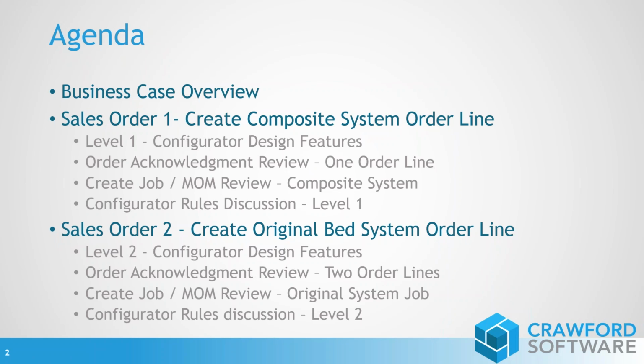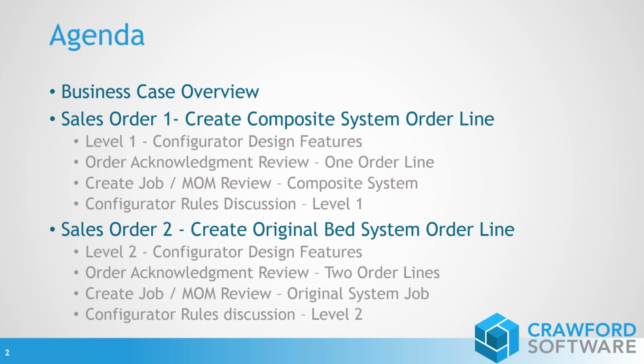We'll create the sales order acknowledgement just to do a print preview. There's one in the presentation, but it looks a little better on screen. We'll create the job that's associated with the build for that single item part, and have a quick review of the configurator rules and some of the things that went into it at that first level, in determining how the bill of material was selected and how the operations were selected in the process.